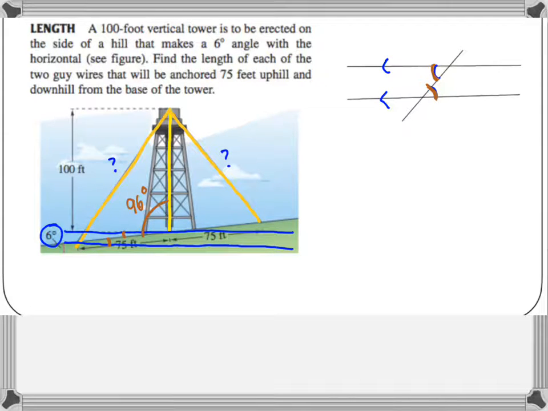So in turn, if I'm looking for this angle, since this is going to be 6 degrees right here as well, because we would have this business of vertical angles right here. Let me highlight these a little bit. Right here and right here, those would be the same.